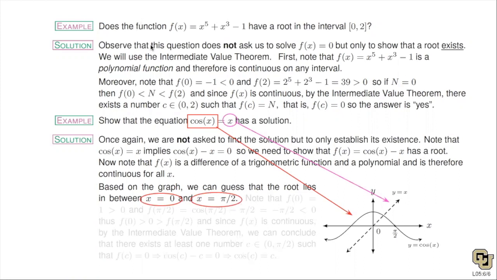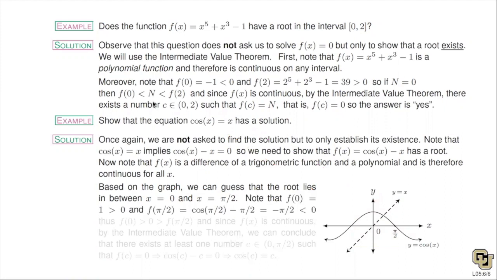And so now I have an interval. In the previous problem, we were given the interval 0 to 2. In this example, I'm able to use the graph to figure out a nice interval. Let's use the interval 0 to pi over 2. And so now I just need to check that 0 is in between these values.